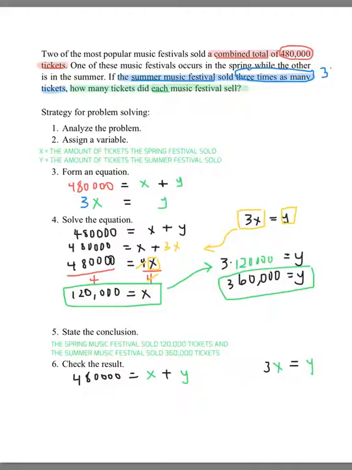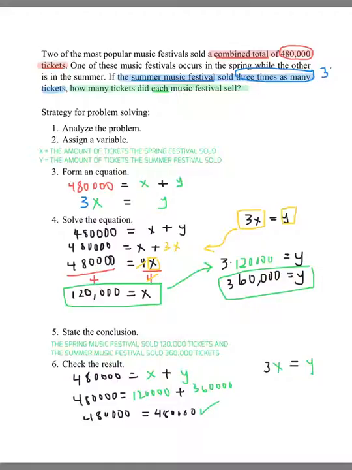So substituting these values in, we end up with 480,000 is equal to 120,000 plus 360,000. And then when we simplify this down on the left-hand side, we end up with 480,000. And on the right-hand side, we also end up with 480,000. So that verifies that our first equation is correct.